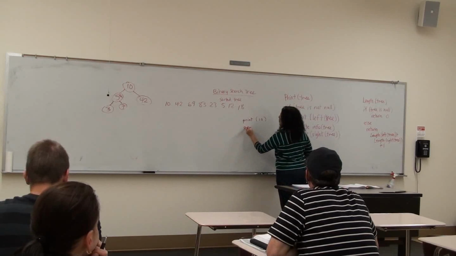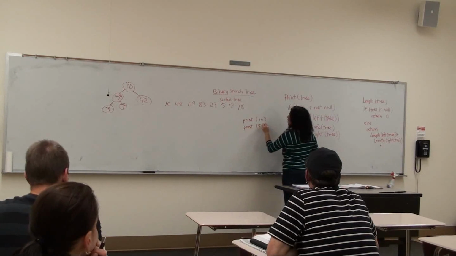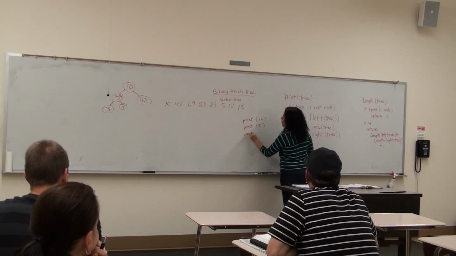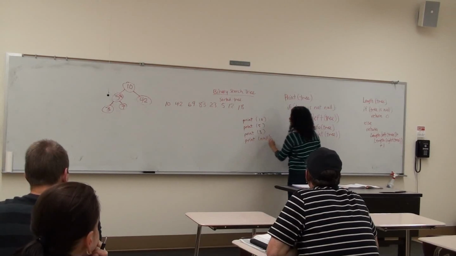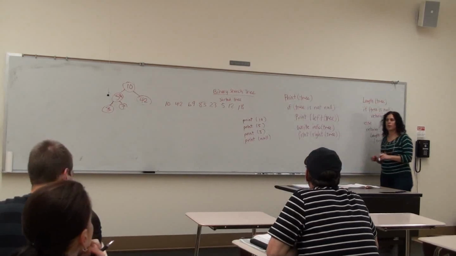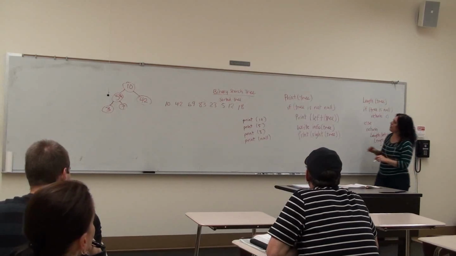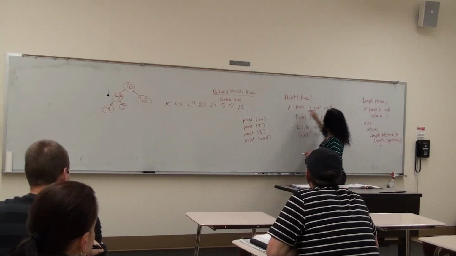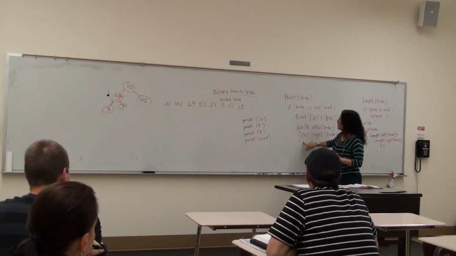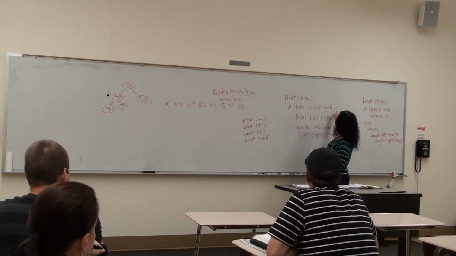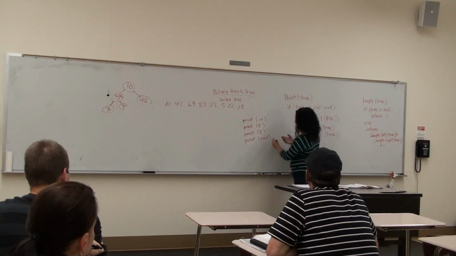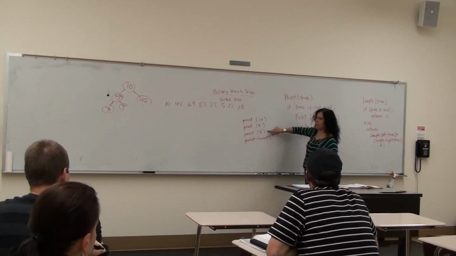And then we called print with the 5. And then we called print with the 3, and then we called print with a null, right? Is that what happened? Okay, so print null, we don't do anything, so it is null, so this now goes away and we come back to the print of 3.